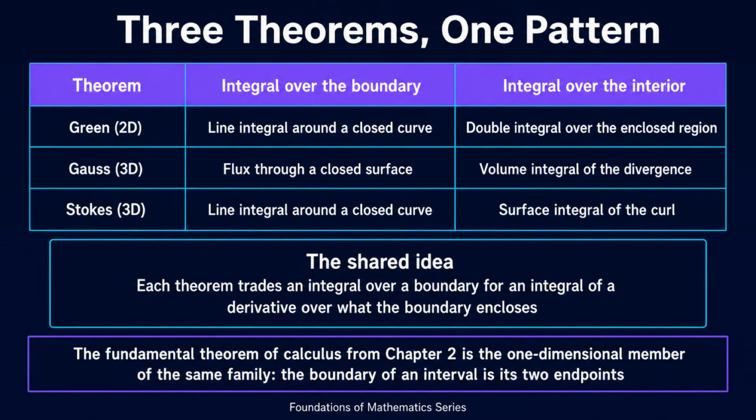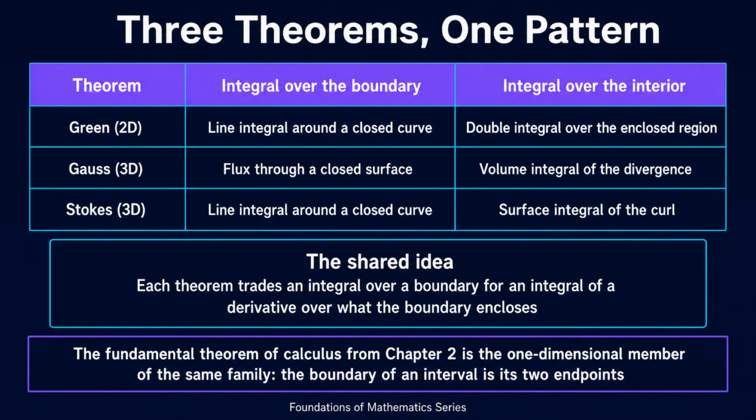Green's theorem, in 2 dimensions, trades a line integral around a closed curve for a double integral over the region it encloses. Gauss's divergence theorem, in 3 dimensions, trades the flux through a closed surface for a volume integral of the divergence. Stokes' theorem, also in 3 dimensions, trades a line integral around a closed curve for a surface integral of the curl.